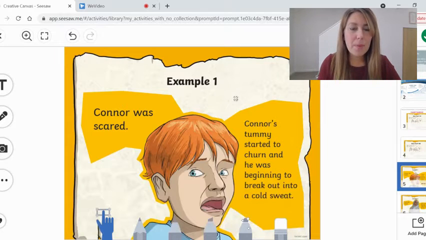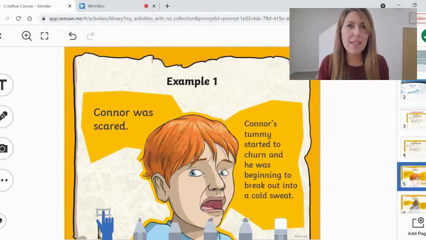So here's an example of telling and showing. So over here, Connor was scared. That's someone just telling the reader exactly how Connor was. Connor was scared. You're just telling them. Over here, this is an example of showing them, of using words to paint a picture. You don't actually say Connor was scared.